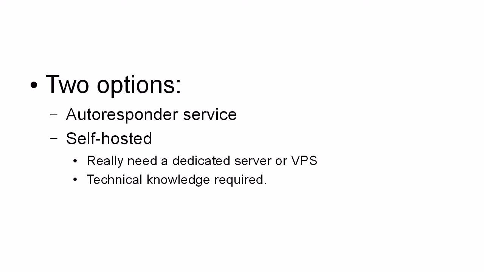So they'll send them the double opt-in confirmation email all over again, and you'll find that a lot of people can't be bothered to do that, so you'll lose a lot of subscribers if you do it that way. So it's best to start off with an autoresponder service, and lots of big IM gurus still use an autoresponder service, but if you feel you want to go self-hosted, it's best to do that later on rather than in the beginning.